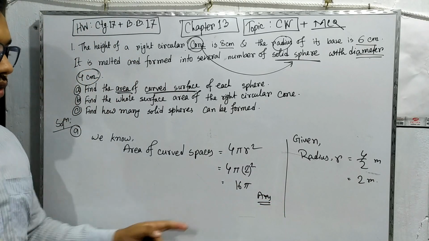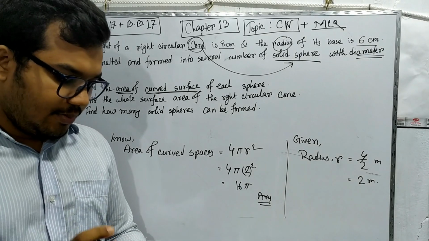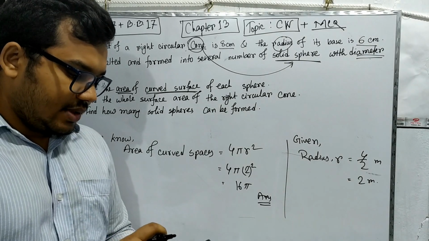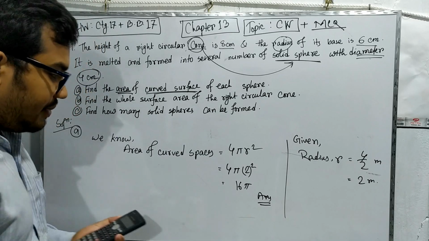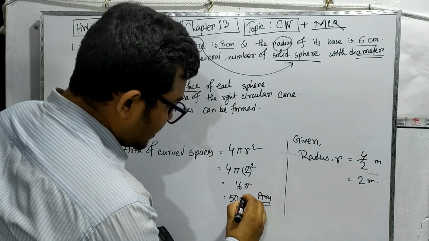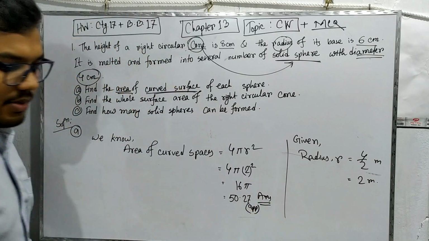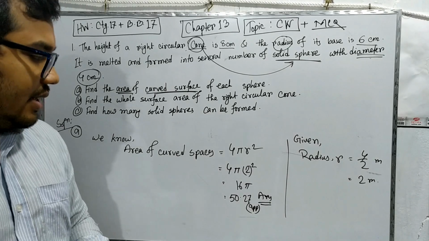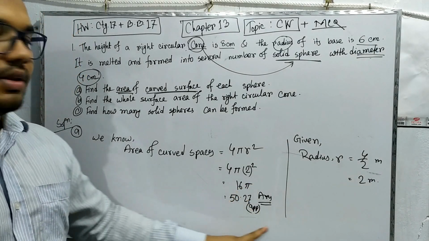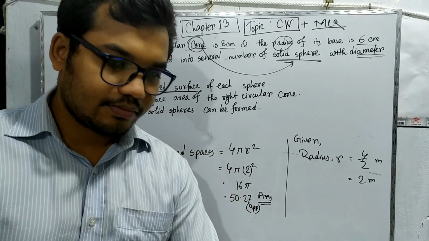But if anyone wants to put the value of pi, we know the value of pi is 3.1416, then 16 pi will be 50.27 approximately. This can also be the answer. So our answer will be this or this. Any one will be okay.